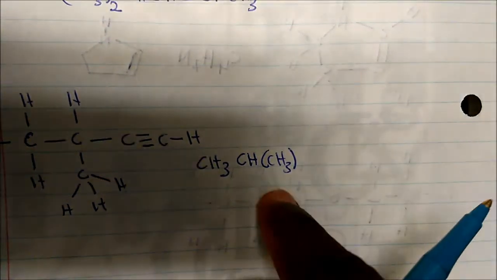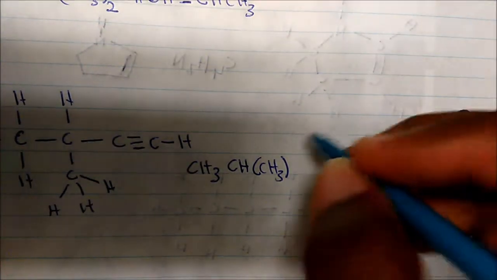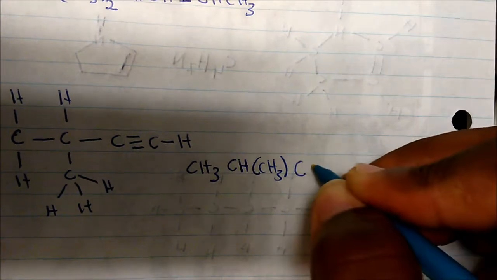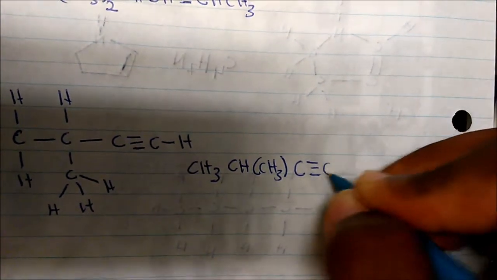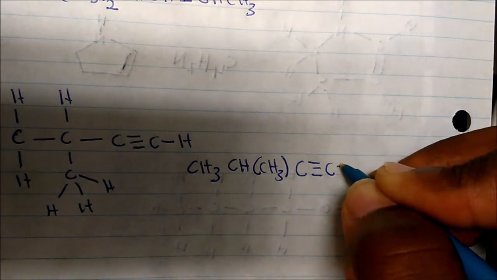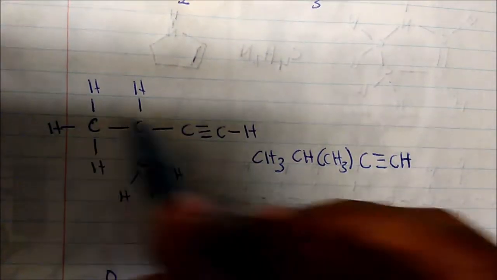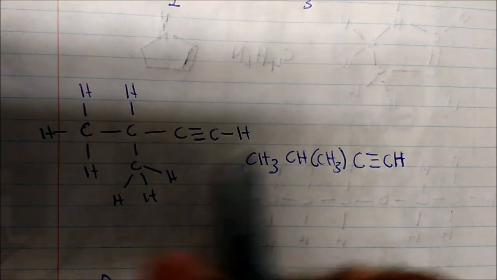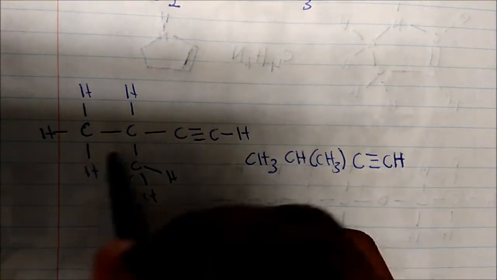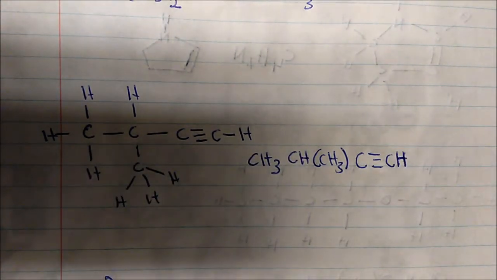I'm going to represent this with the CH3 being branched. This has a carbon that's double bonded to a carbon that has a hydrogen. So notice what we did. We said this was a CH3. We have our CH and we put the methyl group in parentheses because it's branched, and then we have a carbon-carbon triple bond, which is a CH.